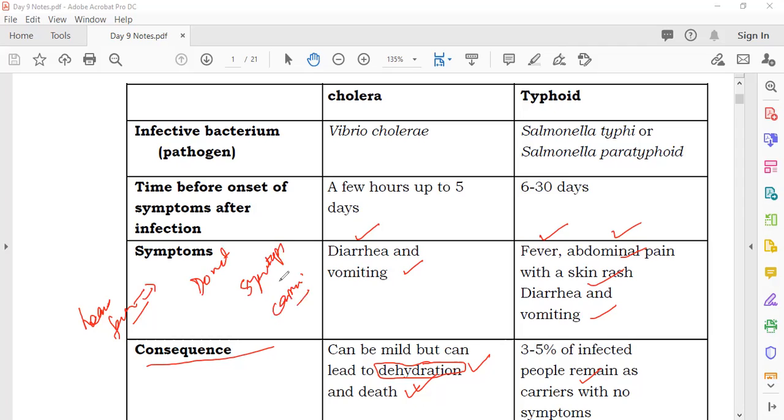Carriers mean they transfer the disease to other people, but they themselves are not affected. That is the carrier. So here they're saying that 3 to 5% of affected people remain carriers with no symptoms. Okay.